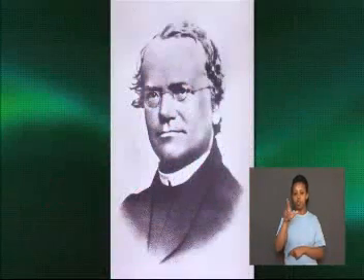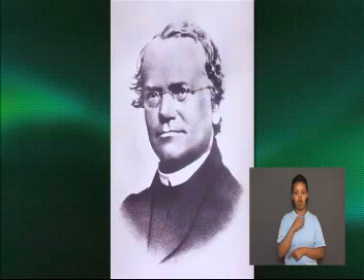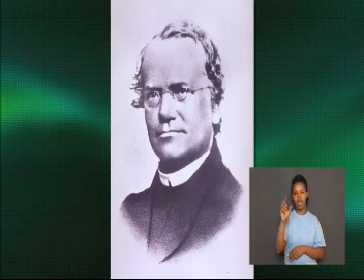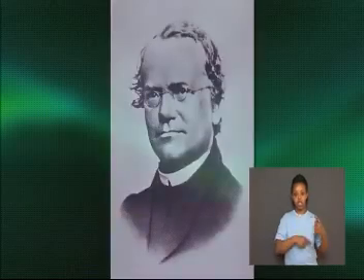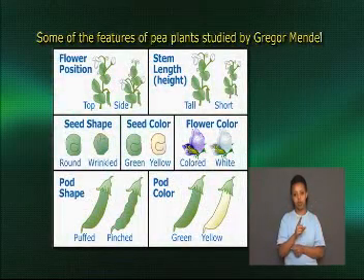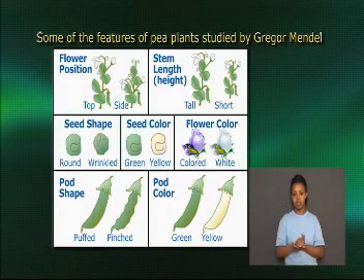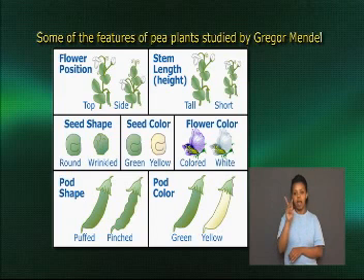In our previous lesson, we learned that the scientist Gregor Mendel did a lot of work in order to understand genetics. In 1865, he performed dihybrid crosses on pea plants and discovered very important information about the laws of genetics.